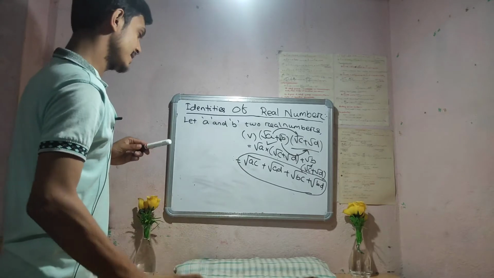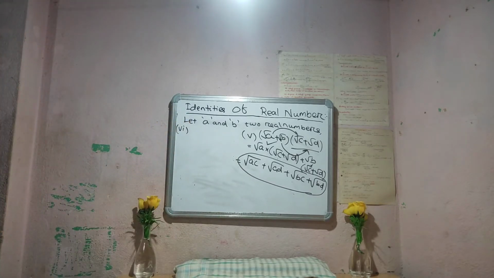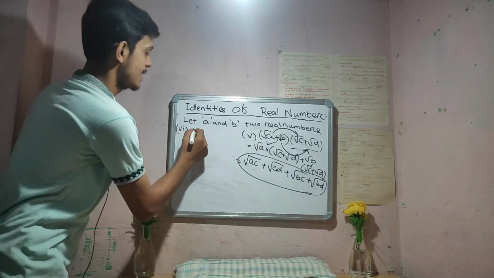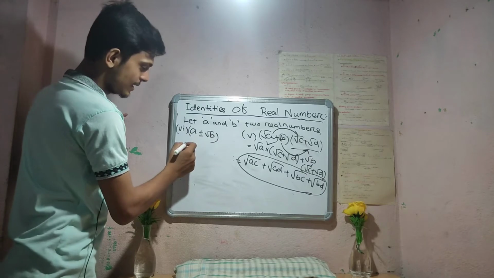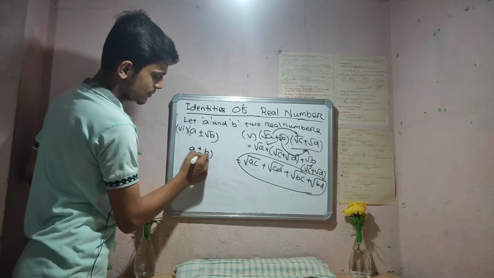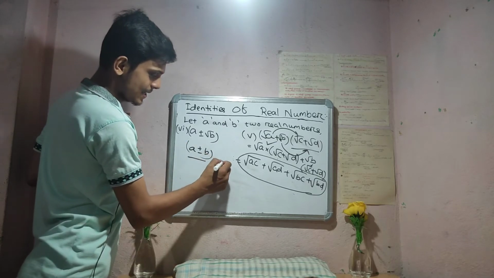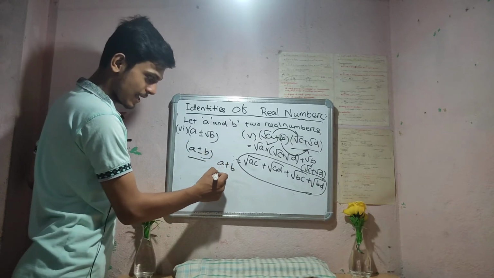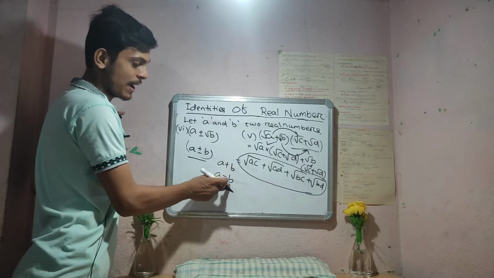Then the sixth identity, that is a ± √b. It means, suppose here in this way is written, what does it mean? That is a + √b and a − √b also.